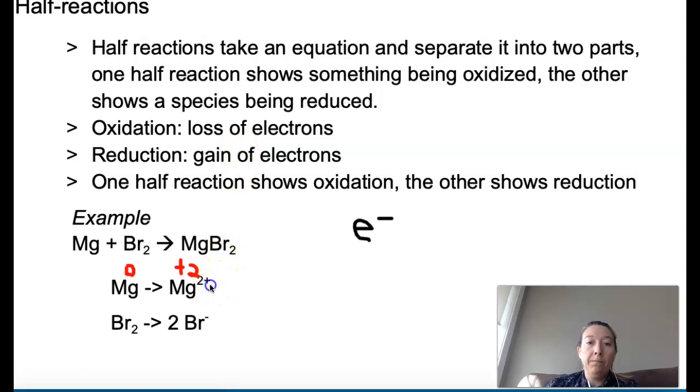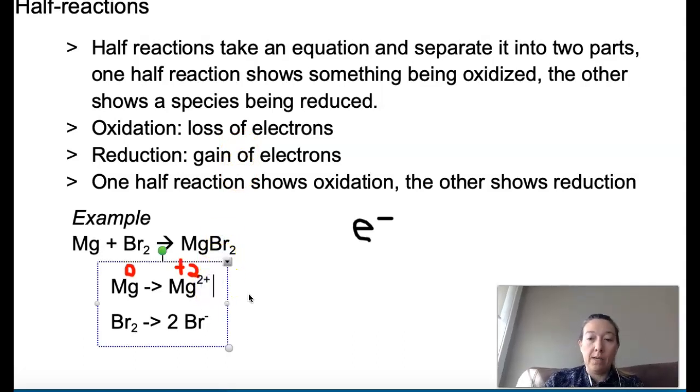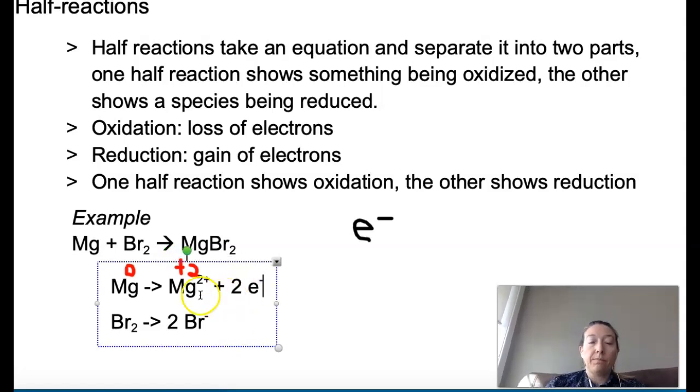If I add them over on this side, and I go +2 electrons, now when I look at it, I have 2 positives from this, and I have 2 negatives from this. And 2 positives and 2 negatives add up to 0. So now I've balanced those charges between the two sides.